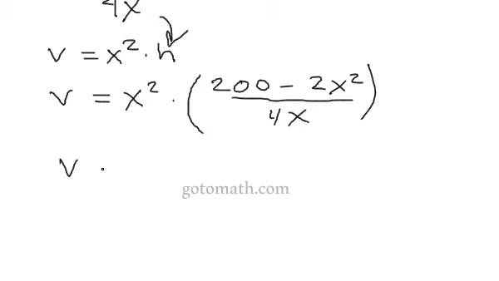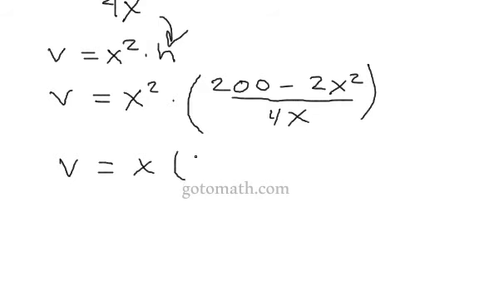We can cancel some things out here. So we have an x down here in the denominator, and we have two x's up here in the numerator, so we can cancel out one of these x's.